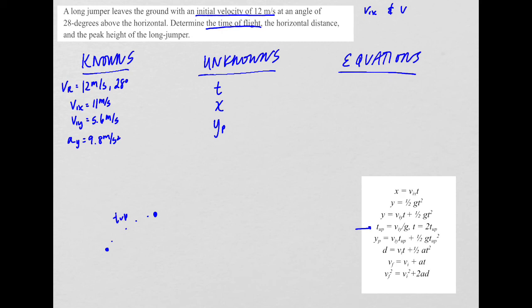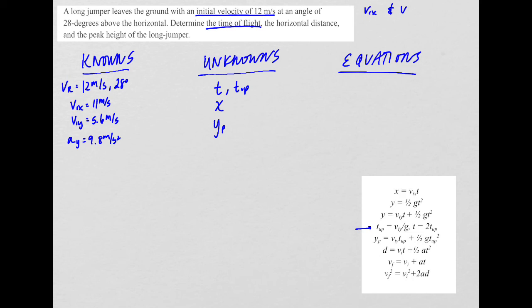And remember that the total time that it takes for the object to go back down to the ground, the total time is T. Remember, T equals 2 times T up. So if you see what is the time of flight, remember that you can use the T up equation to do that. So we need to know T, but we're going to have to know T up in order to solve for that.